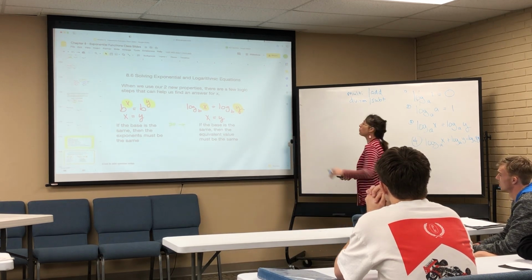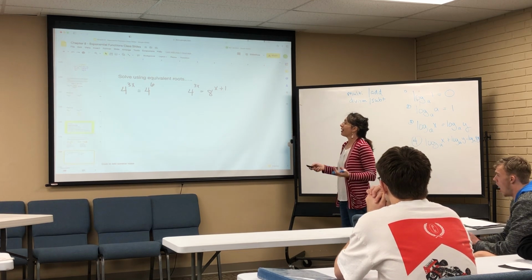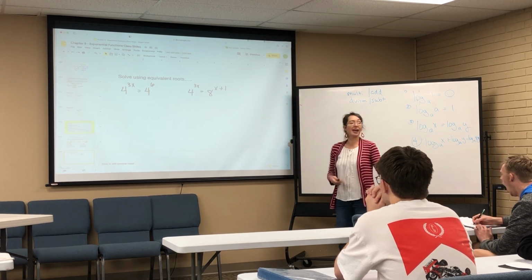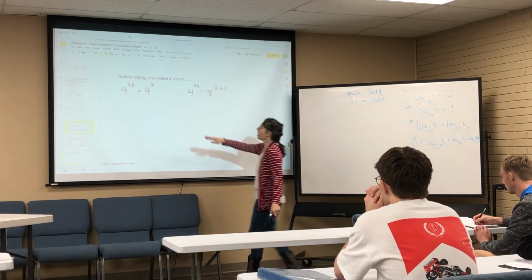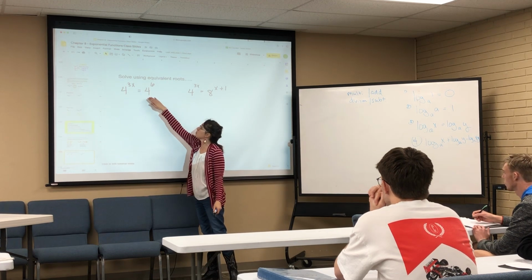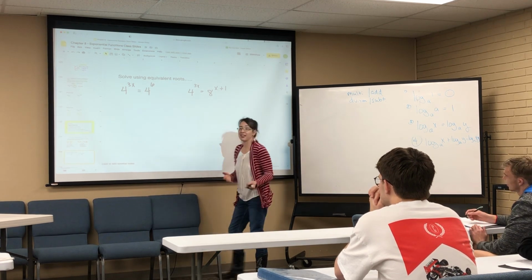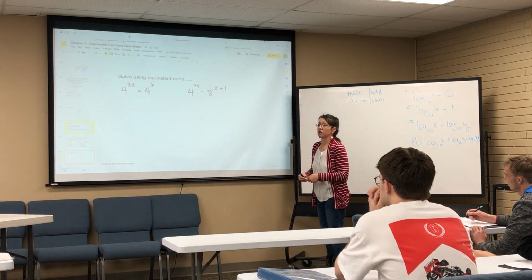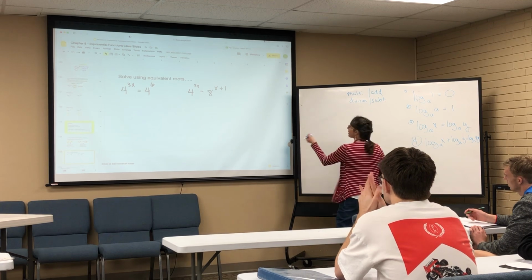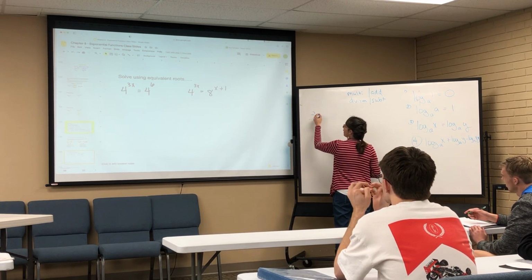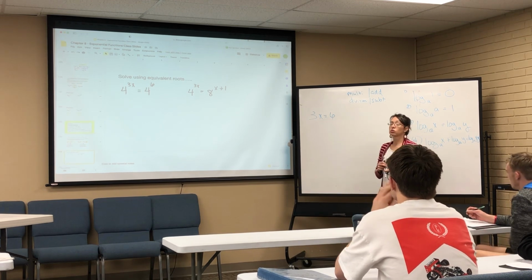So we're using our properties, and sometimes I can just use my properties and automatically come up with an answer. So if I have 4 raised to 3x equals 4 raised to the 6th, then obviously 3x has to equal 6, correct? So we can completely get rid of the base and just say 3x equals 6, so x equals 2 on that one.